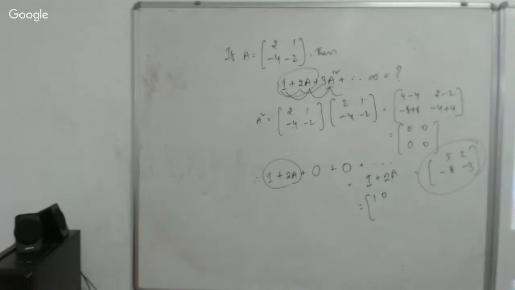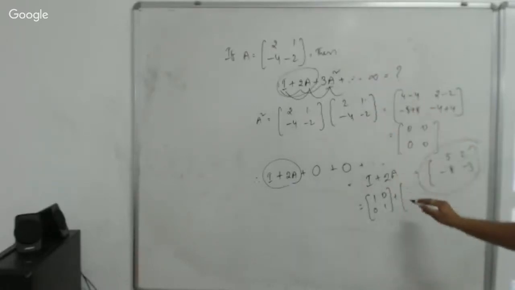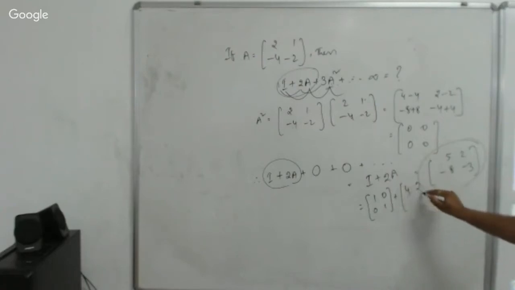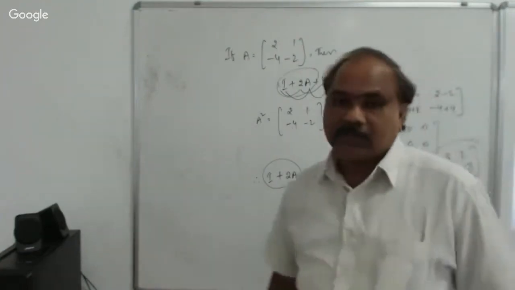Yes, correct. 2 into A, multiplying A by 2: 2 into 2 is 4, 2, minus 8, minus 4. Yes, correct. Now go for another problem.